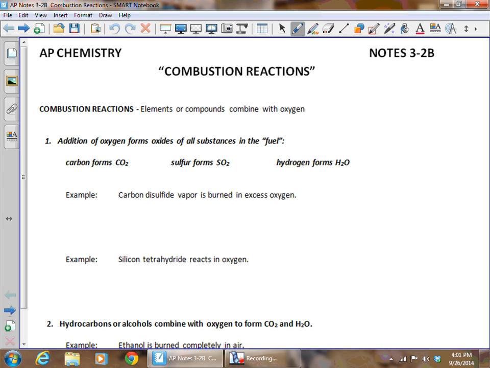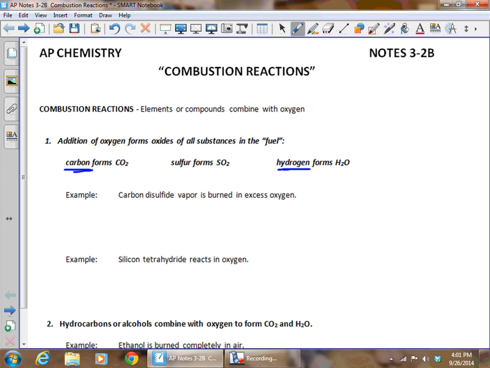However, the true definition of a combustion reaction is that you get oxygen compounds, you get oxides, out of all of the substances that are in the fuel. So commonly carbon is in the fuel, so it's going to have CO2 as one of the products, and hydrogen also, so H2O.